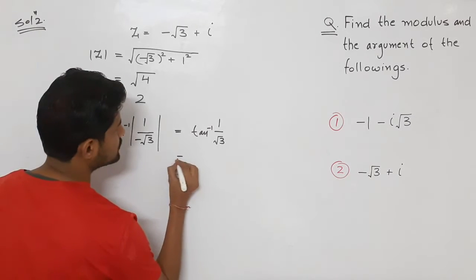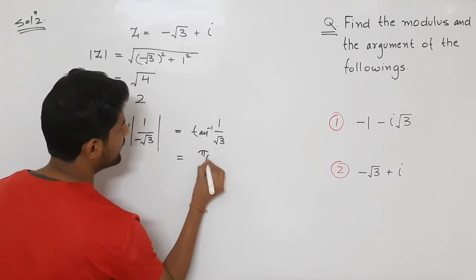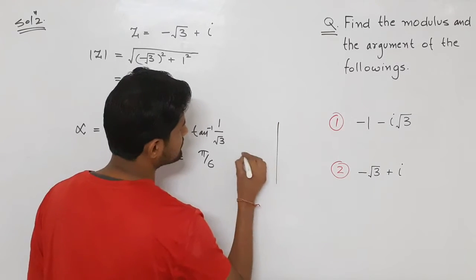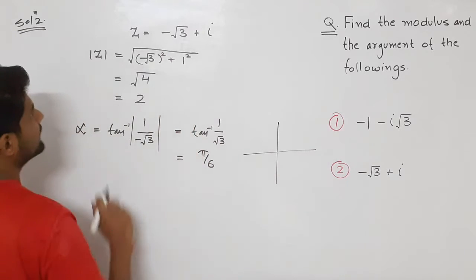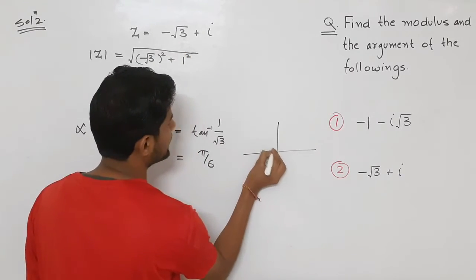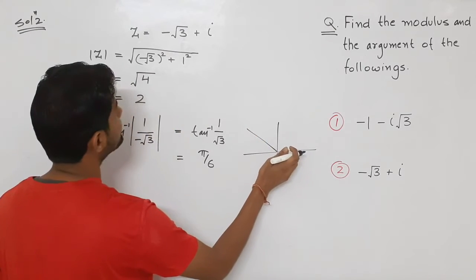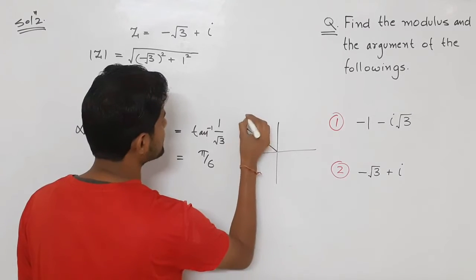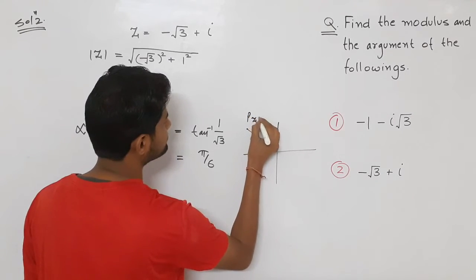And this is equals to pi by 6. Now in second step we will see in which quadrant this particular complex number lies. So this lies in second quadrant. a is negative and b is positive. So this complex number lies in second quadrant.